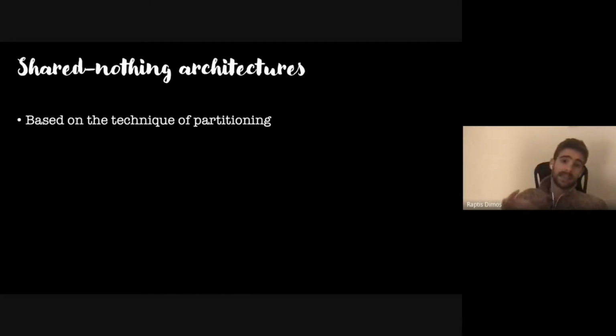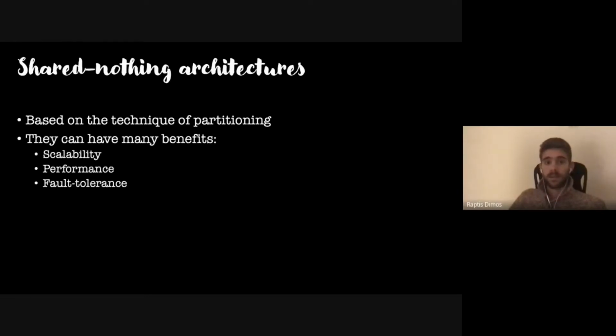So this technique is at the center of these architectures, and it essentially helps us reduce sharing by doing this splitting. And it can also give several benefits. These are the main three benefits. The first one is scalability, because by splitting a system into multiple independent subsystems, we can scale it more easily. We can just create more partitions and give more resources, provision more servers.